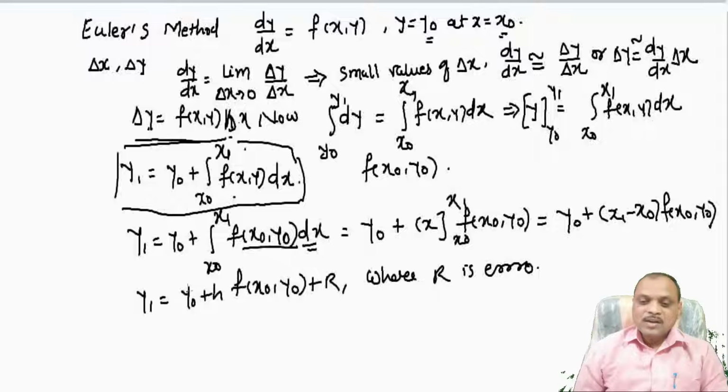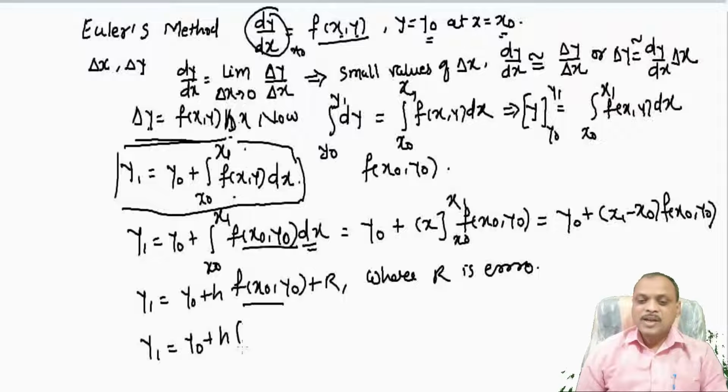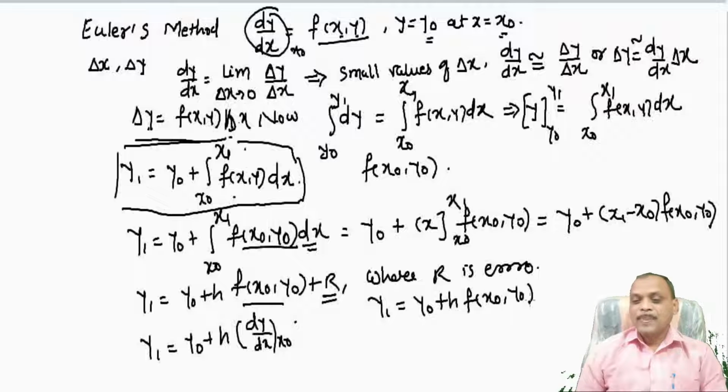Now, f of x, y is dy by dx, so f of x0, y0 is the value of dy by dx at x0. We can also write y1 equal to y0 plus h into dy by dx at x0. If we remove the error, we have y1 equal to y0 plus h into f of x0, y0.